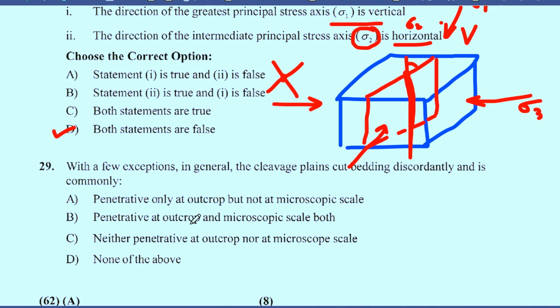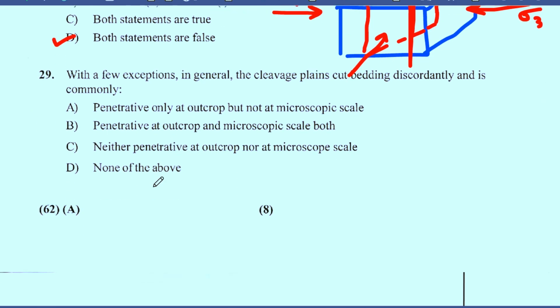Okay, next question is, with a few exceptions, in general the cleavage plane cutting bedding discordantly is commonly. Suppose this is our folding or deformation, we will get cleavages.